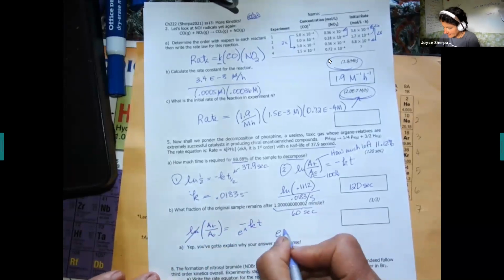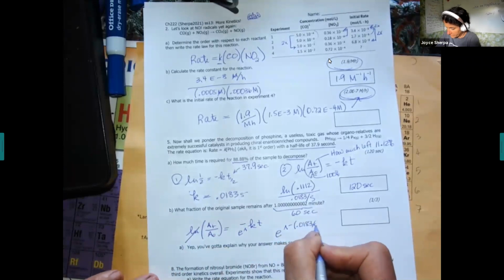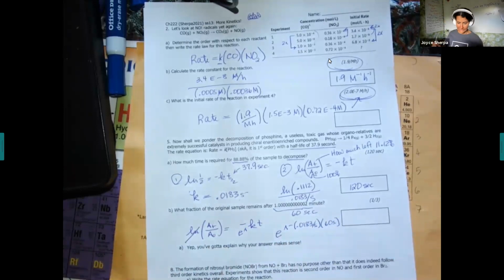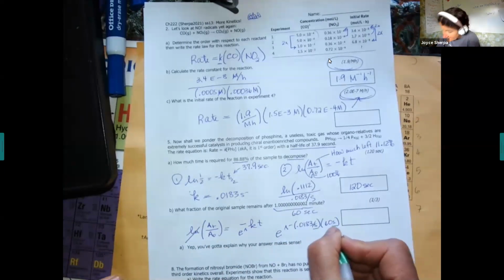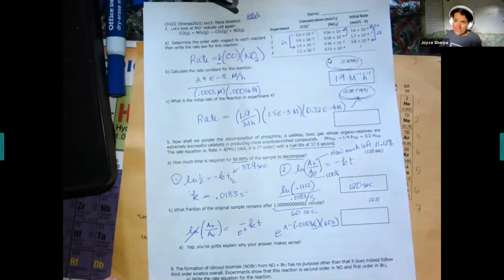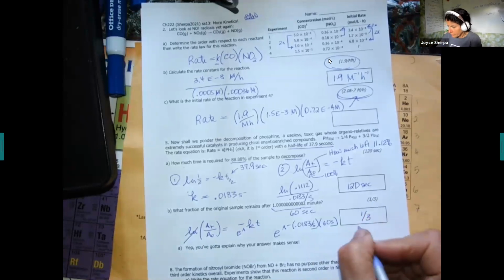So e to the negative 0.0183 per second times the 60 seconds. When you do these, just be careful that the K and the time units have to match so that they always cancel out. And you come out with 0.333. So you could have said 33.3%, or you could have just said roughly 1/3.